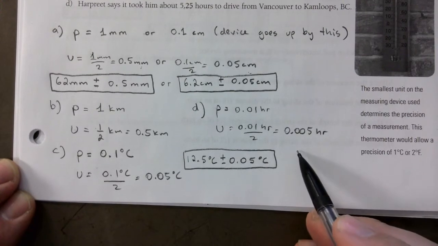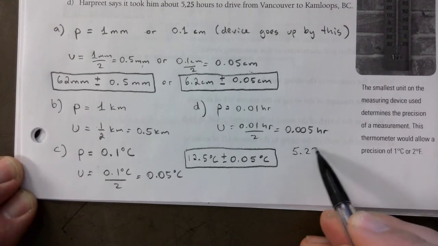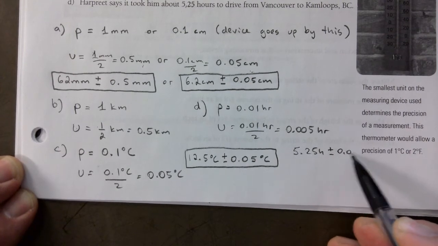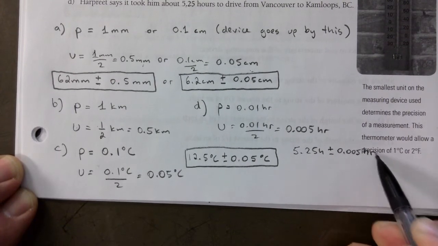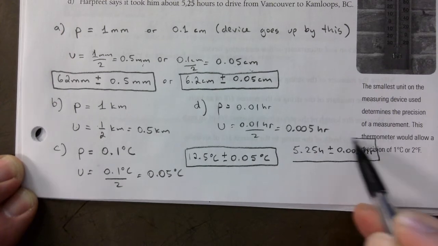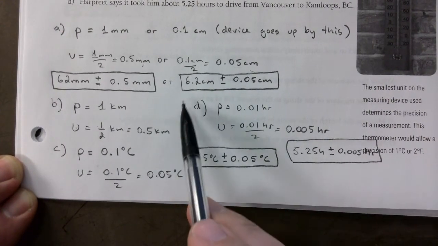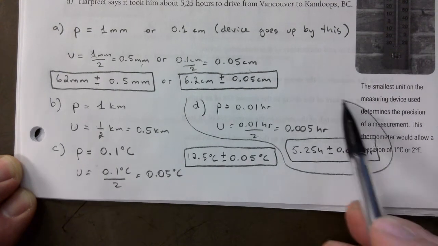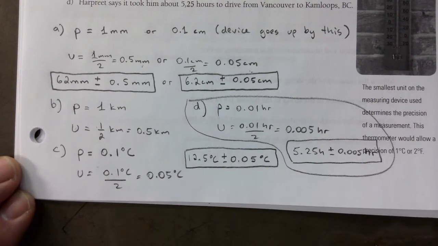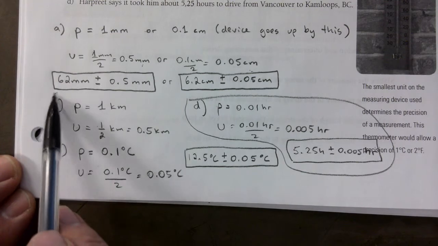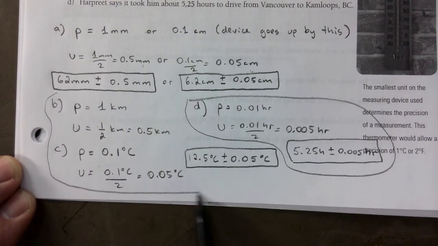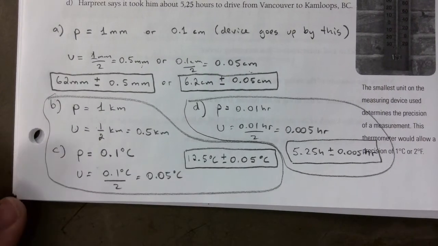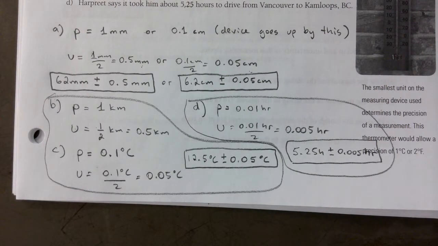So this we could say that it would take 5.25 hours plus or minus 0.005 of an hour. And this is where you want to kind of block this off maybe, right? To make sure this is 1 here, and this is 1 here. And so forth.